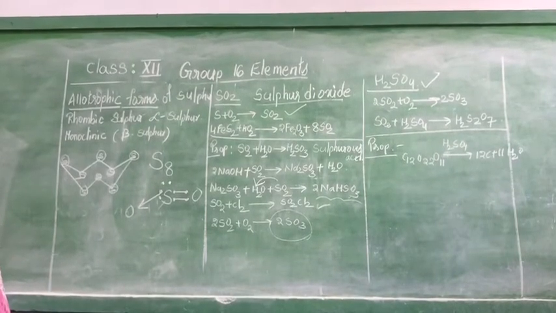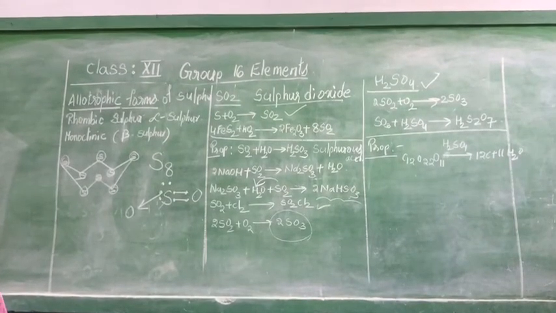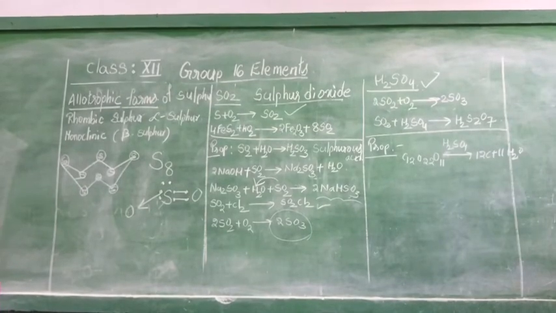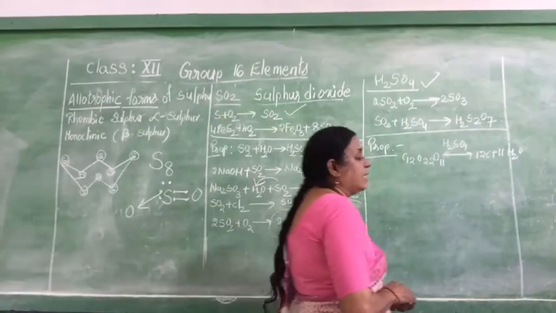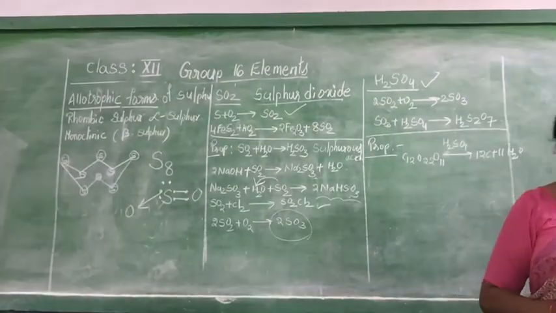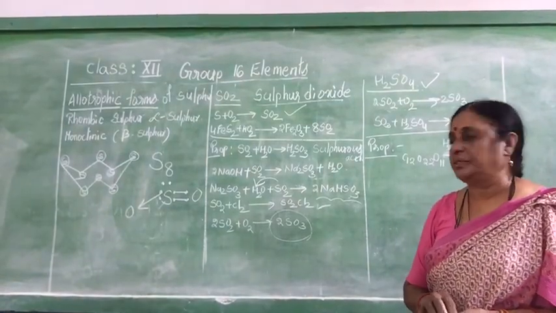Now, the reaction is exothermic, reversible, and the forward reaction leads to a decrease in volume. Now, sulfuric acid is a colorless liquid, and it is a highly powerful oxidizing agent.